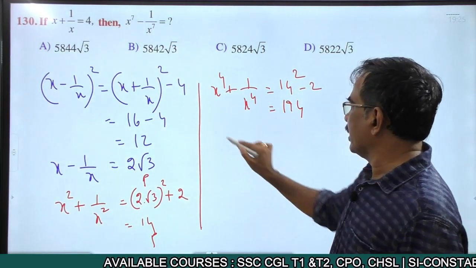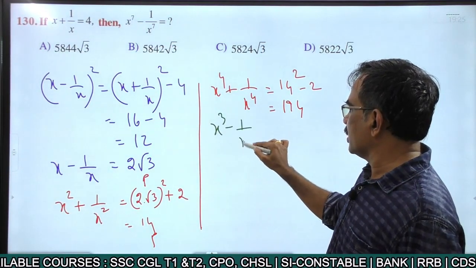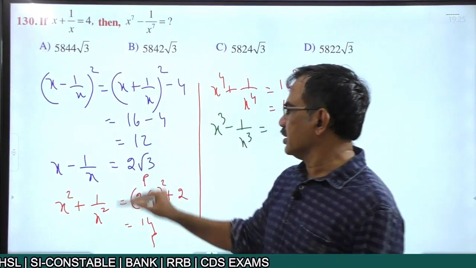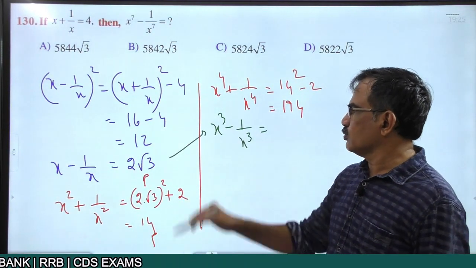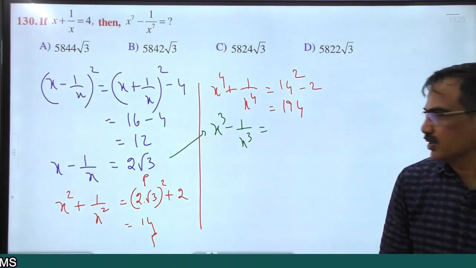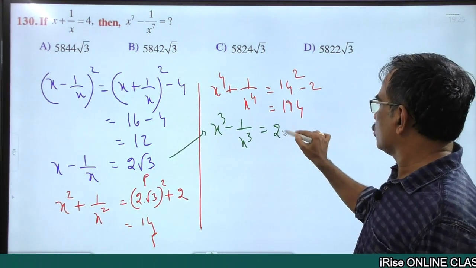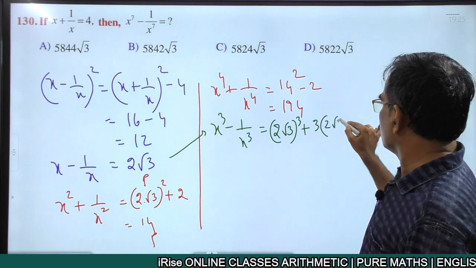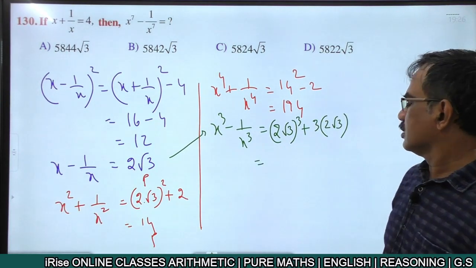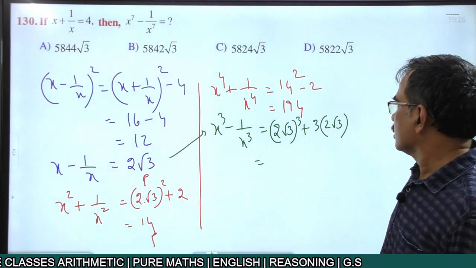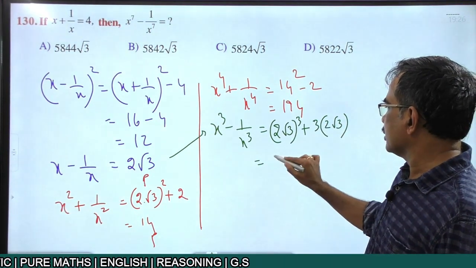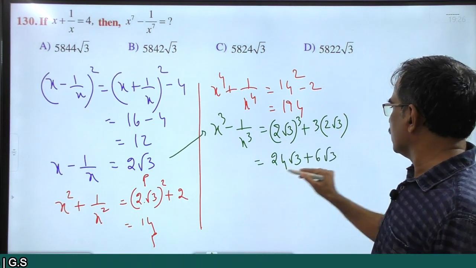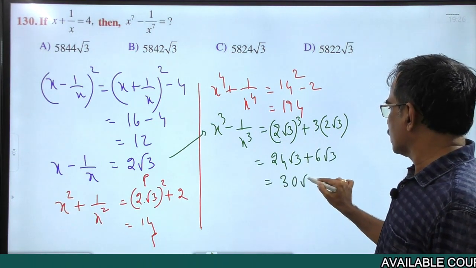Similarly, I want to find x cube minus 1 by x cube also. If x minus 1 by x is p, x cube minus 1 by x cube is equal to p cube plus 3p. P cube, 2 root 3 whole cube, plus 3p, 3 into 2 root 3. This is nothing but 2 cube is 8, 8 into 3 is 24 root 3, plus 6 root 3, totally 30 root 3.